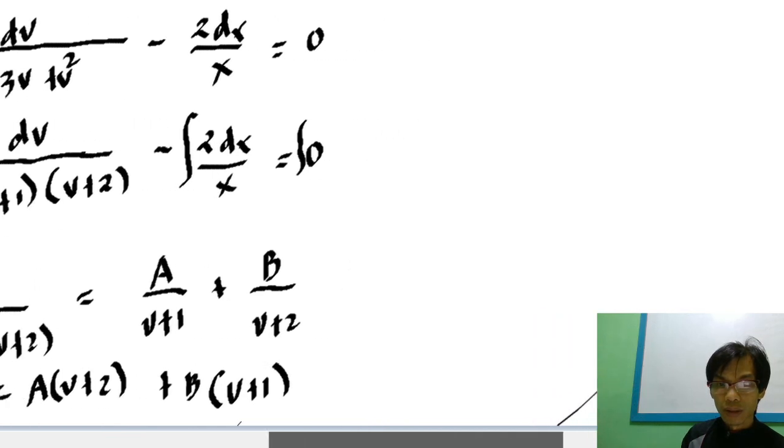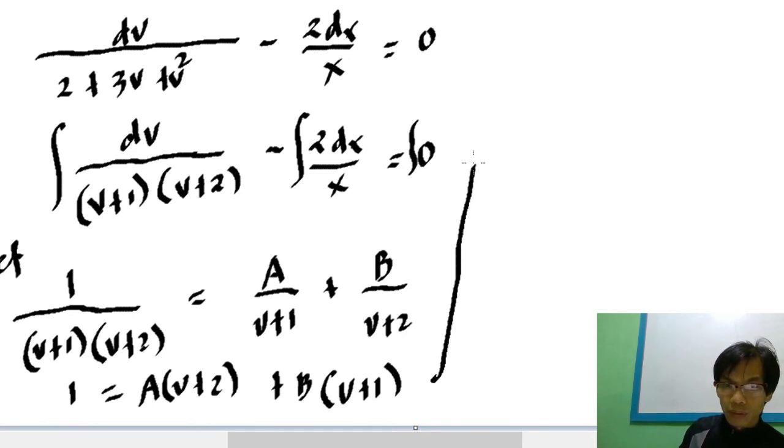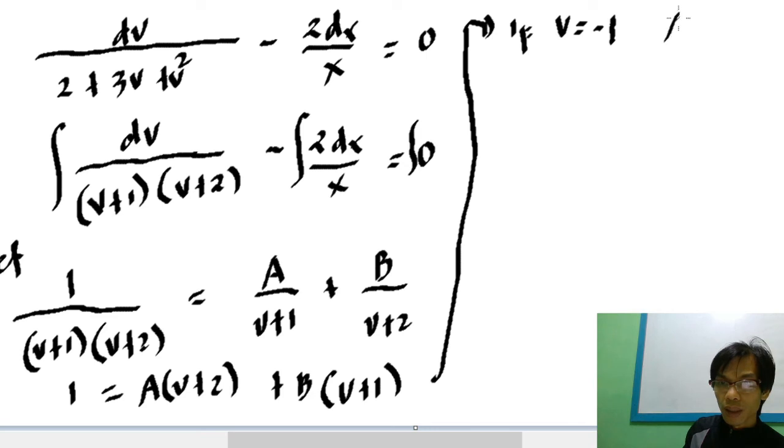So if v is equal to -1 and we substitute it in here, we will have a is equal to 1.